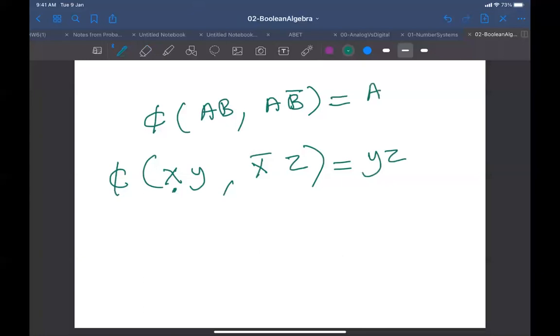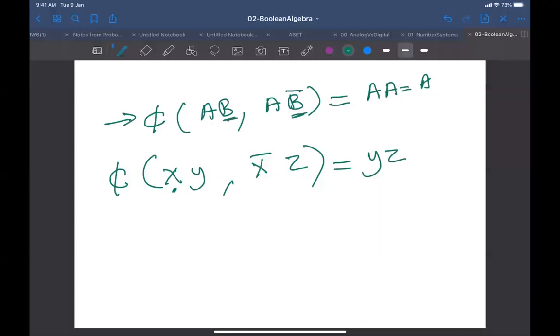What is your X in this case? No, your X. Correct. It's B, right? The literal B, because one's true and one's complemented here. And C. The remaining is A, ANDed with A, but by idempotence, this is equal to A, right?